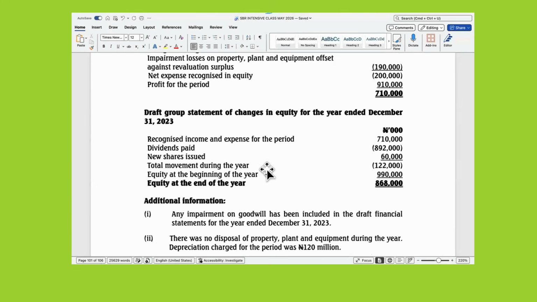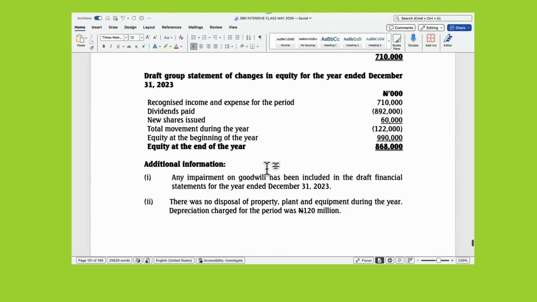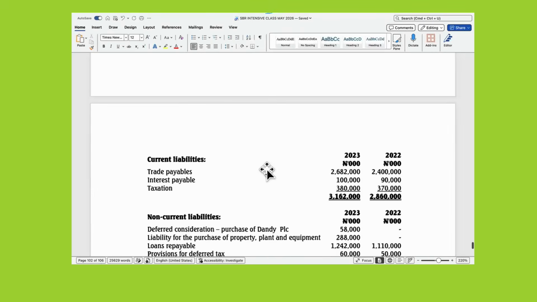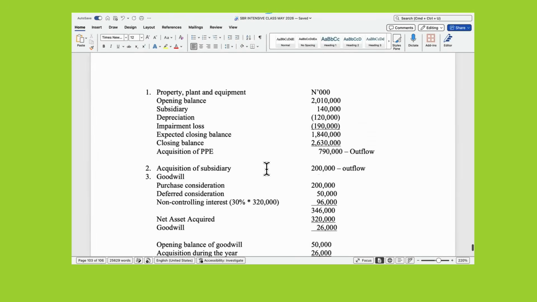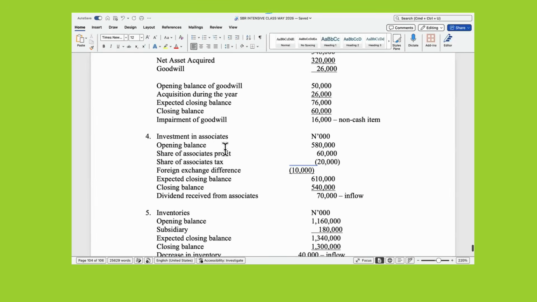Then I will get the balance and compare it with the balance I have, and I would have dividend received as the balance. So investments in associates, the opening was 580. Share of profit, 60. His own share of tax, 20. Exchange difference, 10.